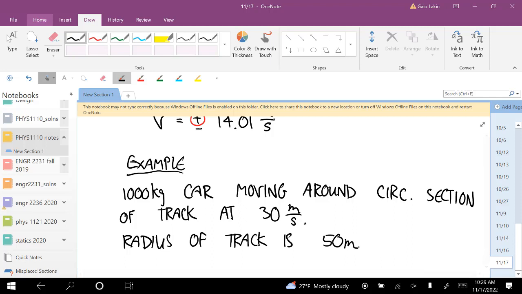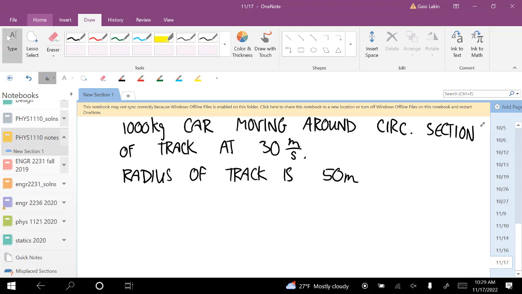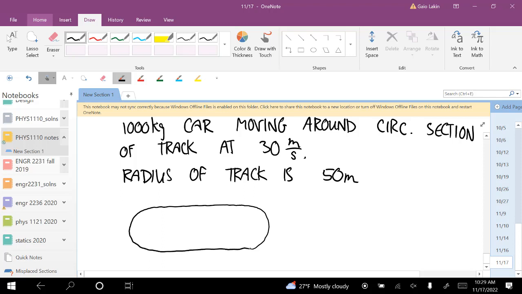So one thing here is that the track might be shaped like this, but it doesn't matter whether the whole path of the object is a circle. It just matters that at the instant you're looking at, it's moving in circular motion.